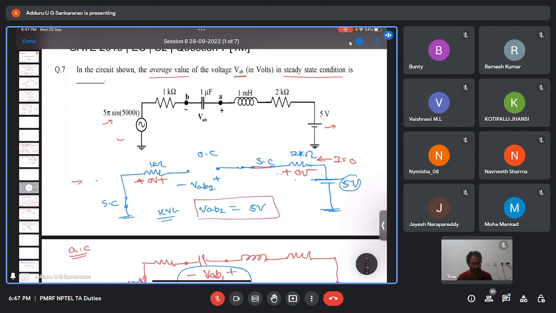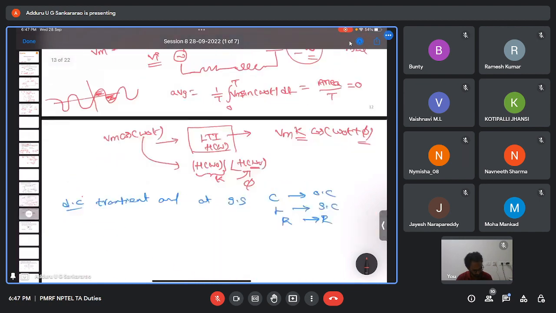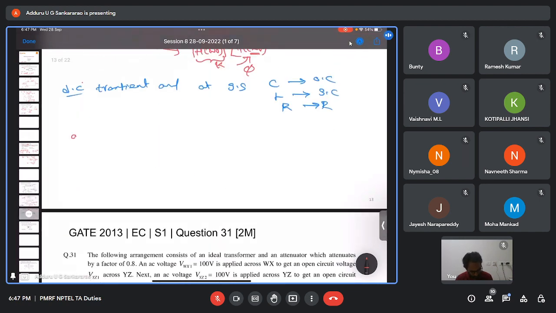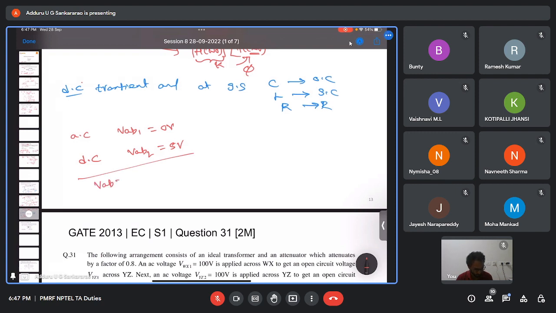Now due to the AC voltage, that is VAB1, we got 0 volts average voltage. Due to the DC voltage, VAB2, we got 5 volts. So overall VAB is VAB1 plus VAB2, so we get 5 volts.